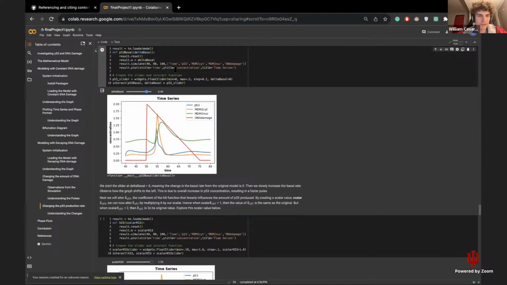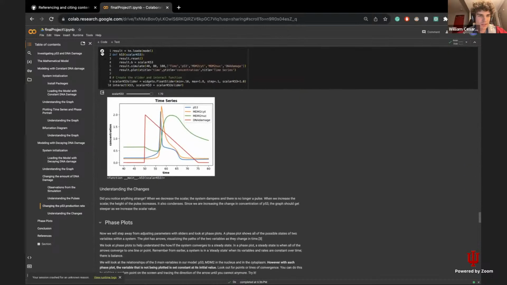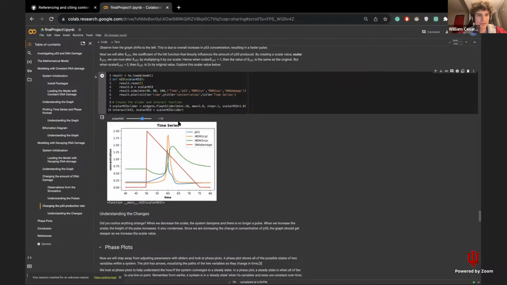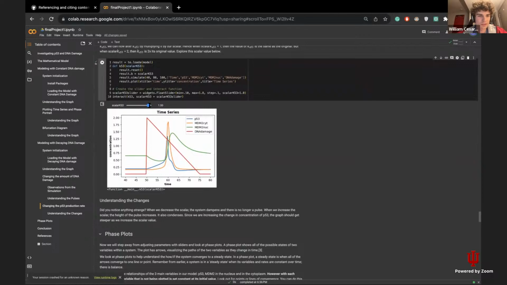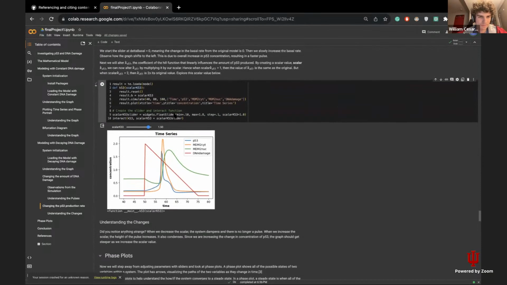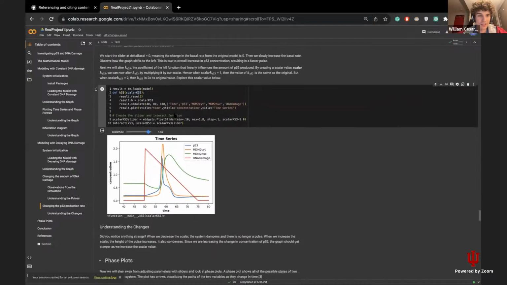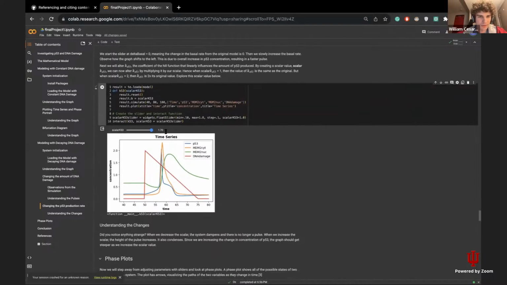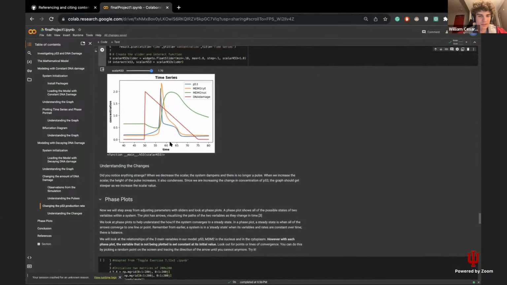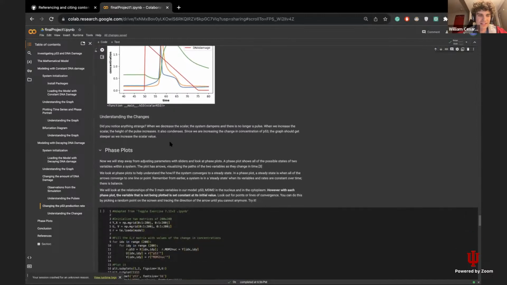It shifts the graph to the left, which is what we expect. Here's another one, changing one of the scalars of the terms that contribute to the change in P53. This again makes the graph more condensed, which makes sense, because P53 is being created at a higher rate when the scalar is high, and so all the reactions, all the math, happen faster, I guess.